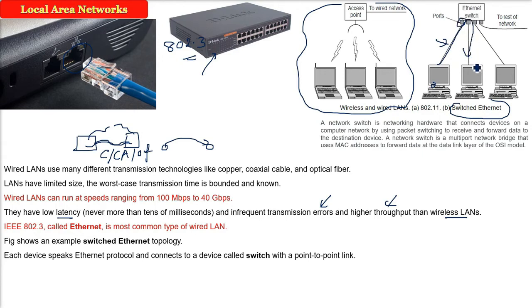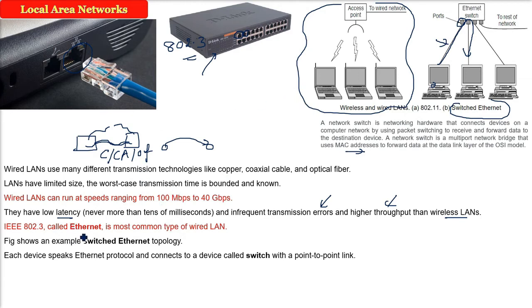A network switch is networking hardware that connects devices on a computer network by using packet switching to receive and forward data to the destination devices. As you see there, it is a multi-port network bridge that uses the MAC address to forward data at the DLL, the data link layer of the OSI model.